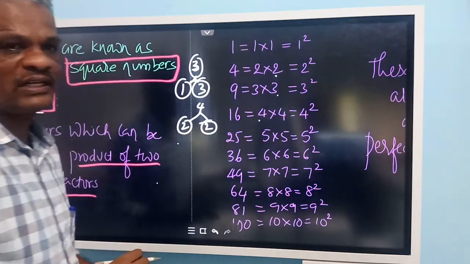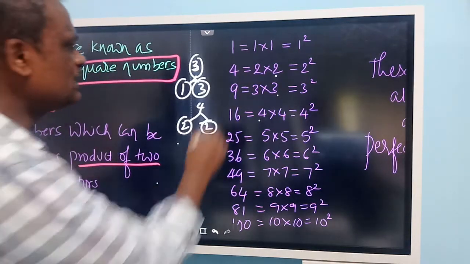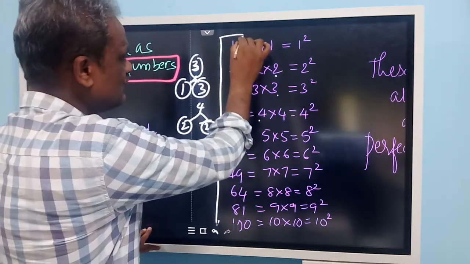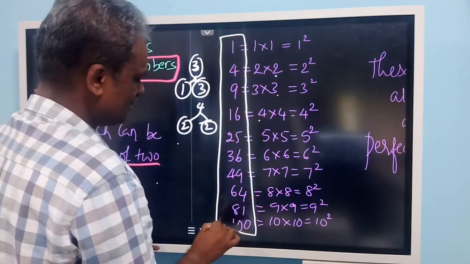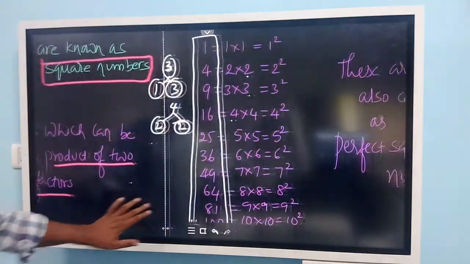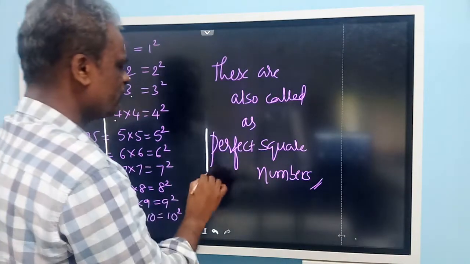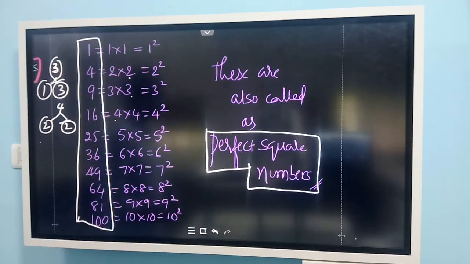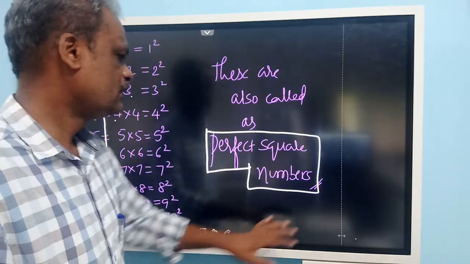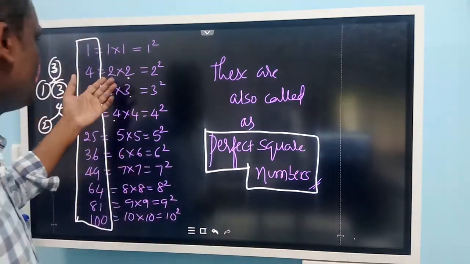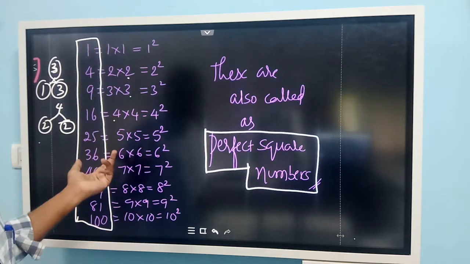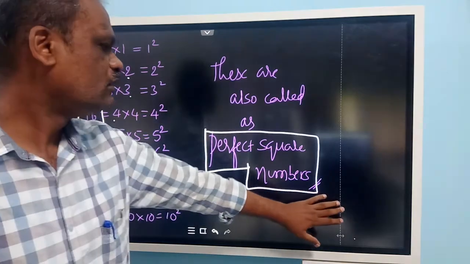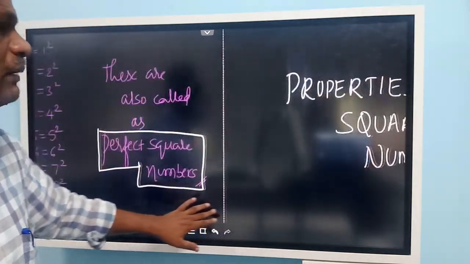So these types of numbers are called square numbers. These numbers are also called perfect square numbers, because each is the product of two equal natural numbers.